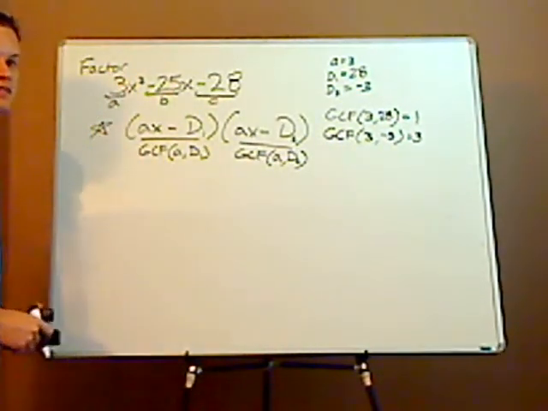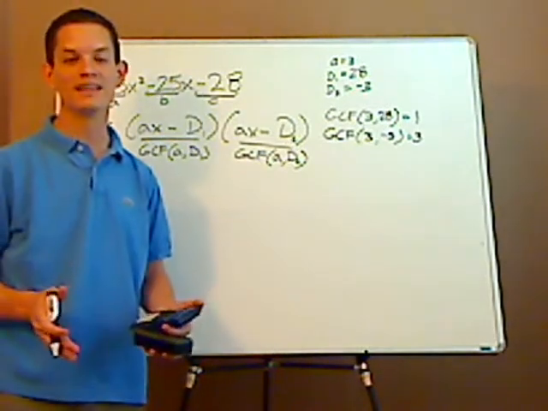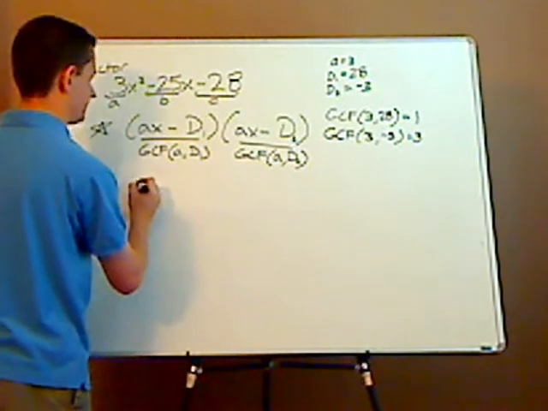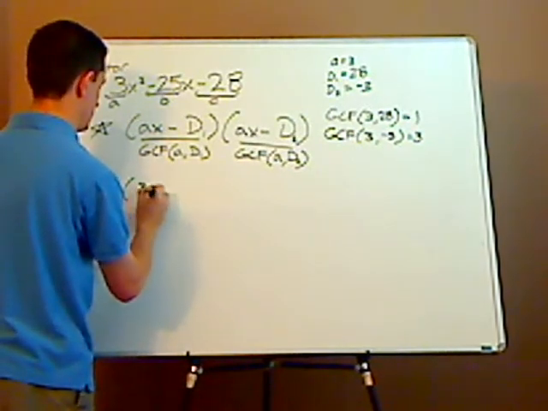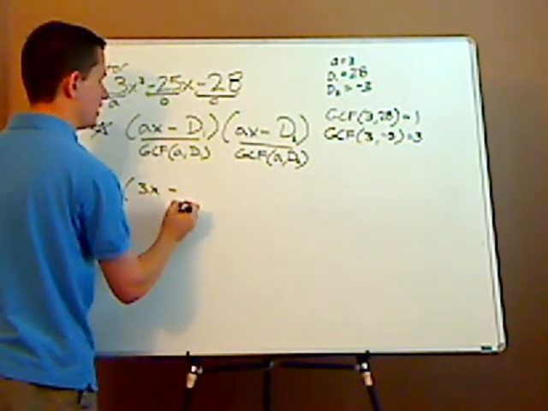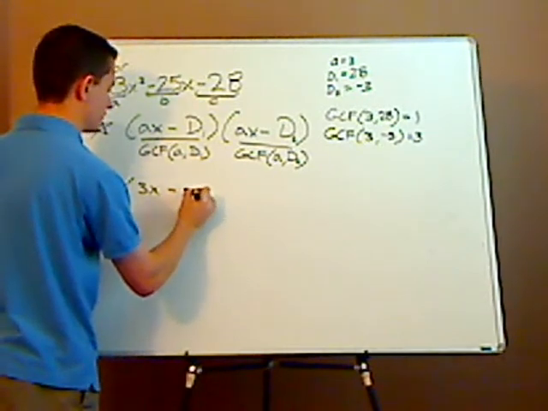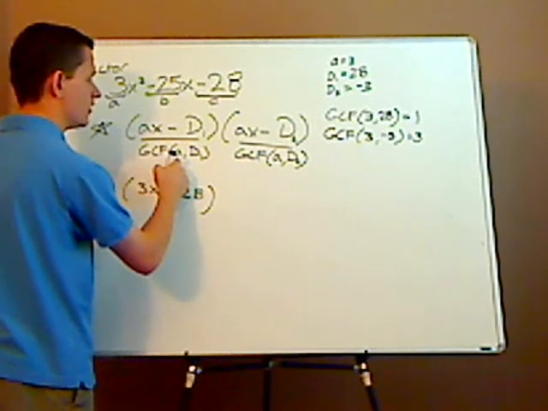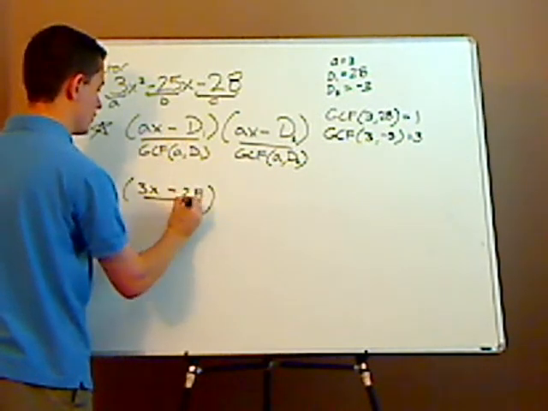Now what you do next is you simply plug everything in. So your A is 3x minus your D1, which is 28. Your GCF of 3 and 28 is 1.